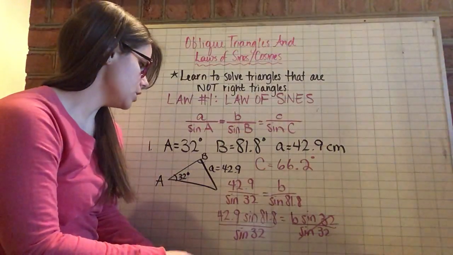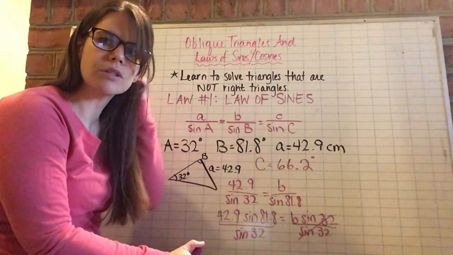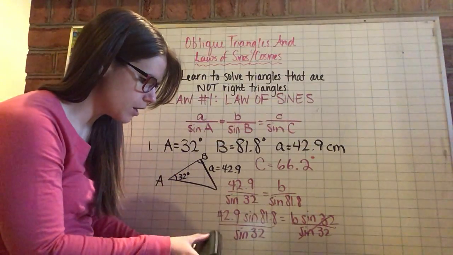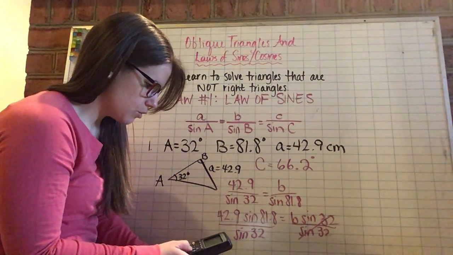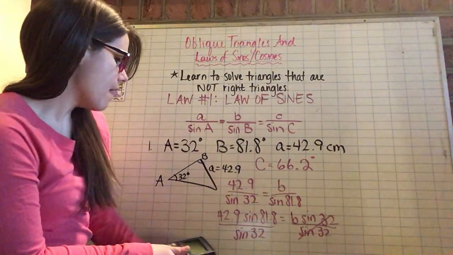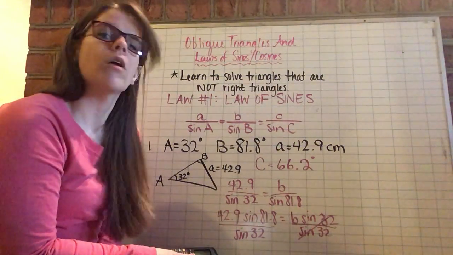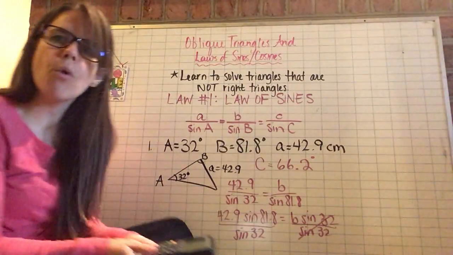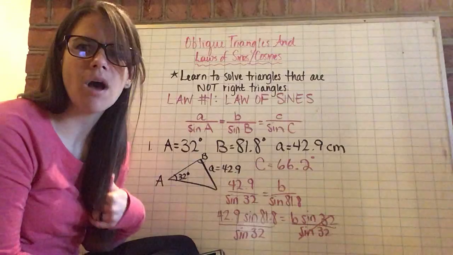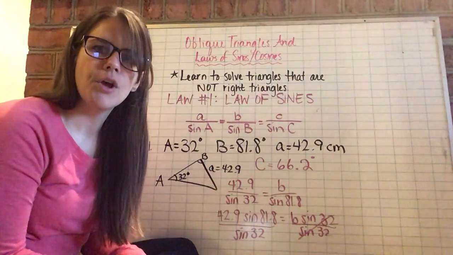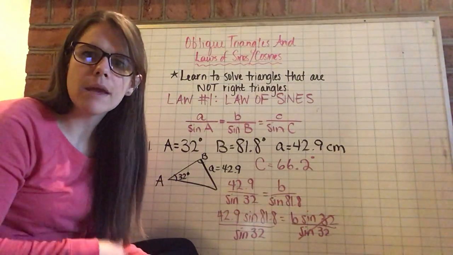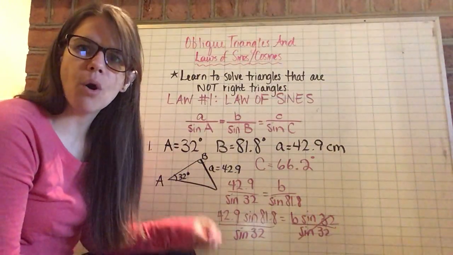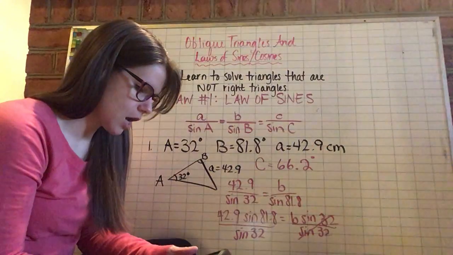You can plug all of this into your calculator. We do need to notice that we went back to degrees for these problems, so you need to make sure that you're in the right mode. We've been in radians, so make sure you are in degree mode. And then you also need to be careful about your parentheses. If you plug this whole thing into your calculator in one big step, you need to have parentheses around the whole numerator and around the denominator.